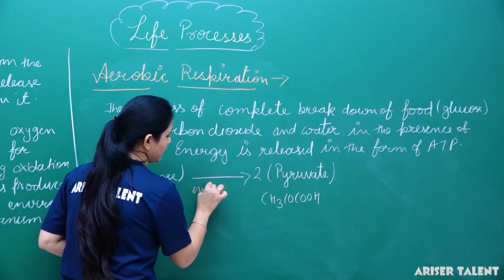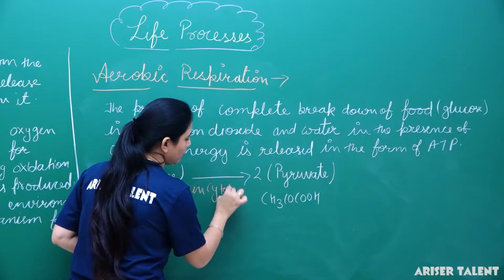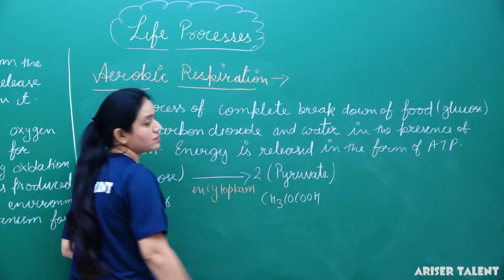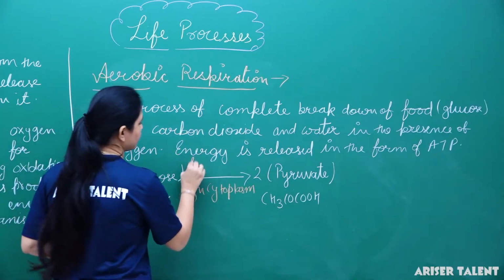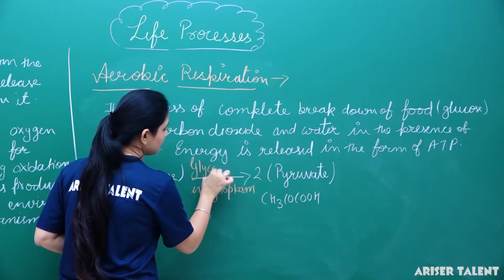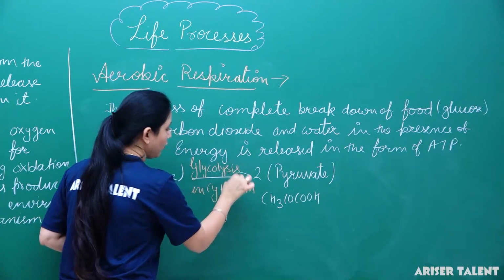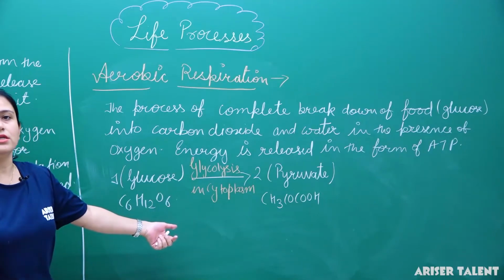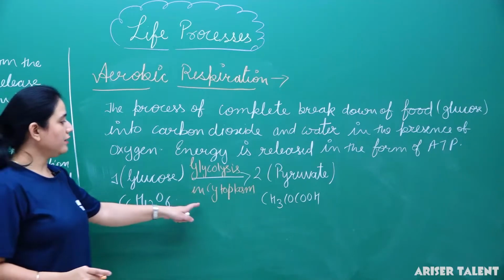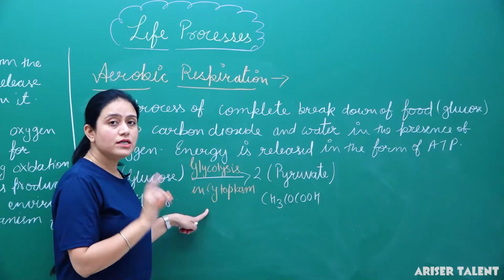This process takes place in the cytoplasm and is known as glycolysis. During this process, oxygen is not required at all.